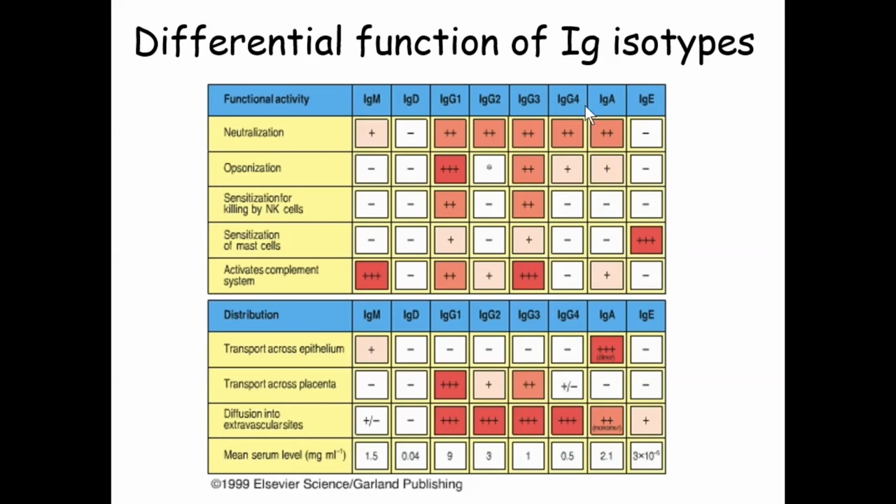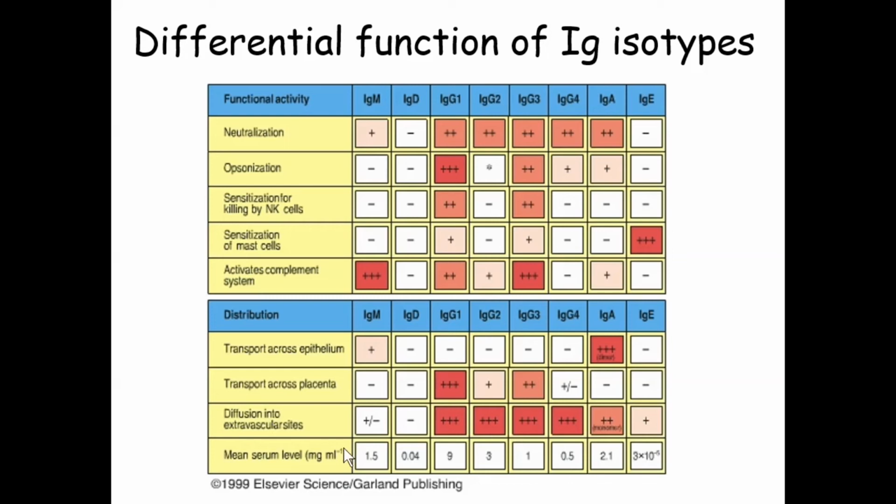And here's where the different functions of antibodies are shown. It's not a very clear slide, but what's important to see is that different types of antibody have different functions. If you look at some of the big functions, IgA goes across epithelium and protects the mucosal membranes. IgG crosses the placenta and protects the baby in the first 6 months of life.